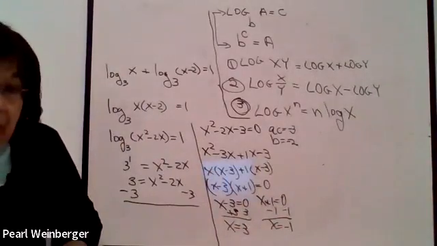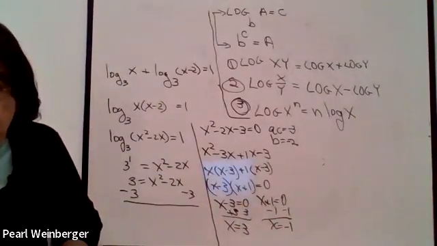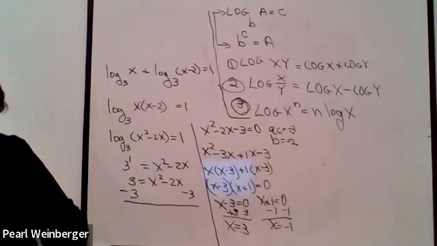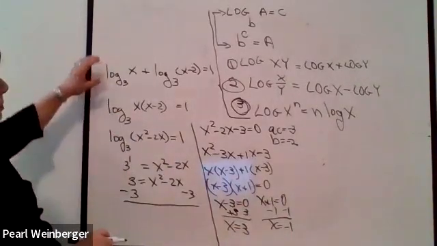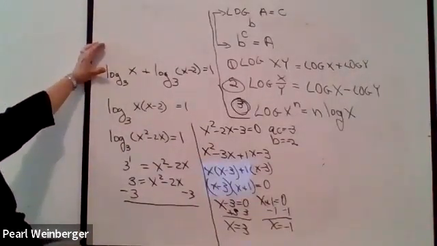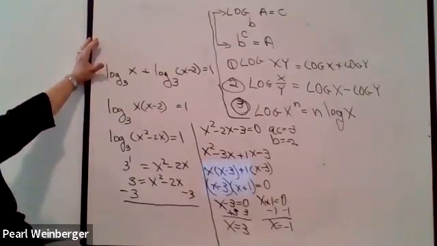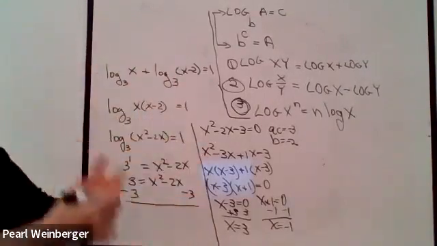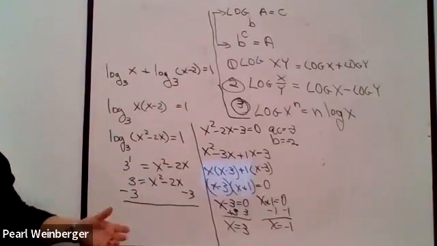So it looks like I have 2 answers to this question, except there's something I have to be very careful about. It's possible to have what's called an extraneous root in a log equation. An extraneous root means a number that came out as part of the proper way of solving it.